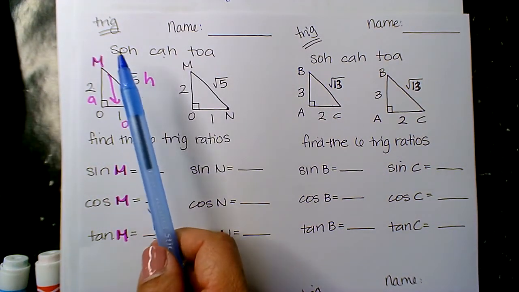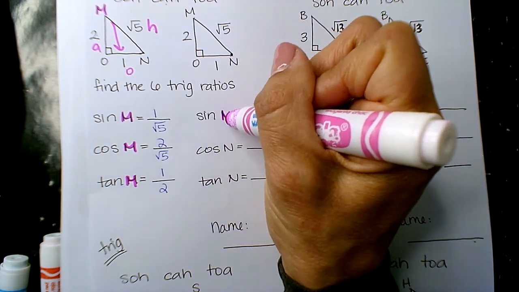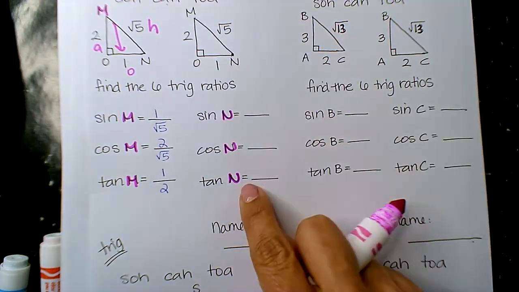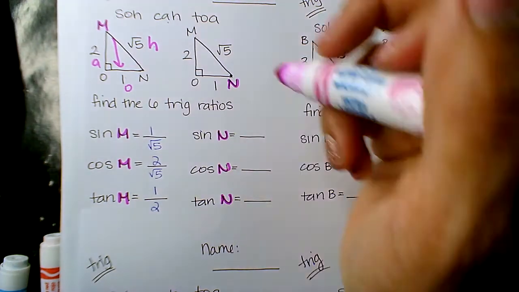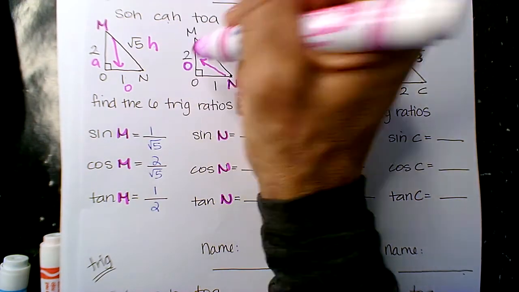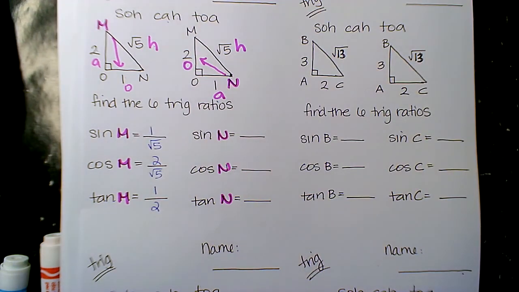So your buy-in for SOHCAHTOA is just, it's the trig function, and the next 2 letters is the ratio of the triangle. But you got to label right. Okay, so now let's go to the next one. Now they switch the acute angle on us. This is now N. So focus on N and label according to N. So this side is now opposite, 1 is adjacent, and rad 5 is still hypotenuse.